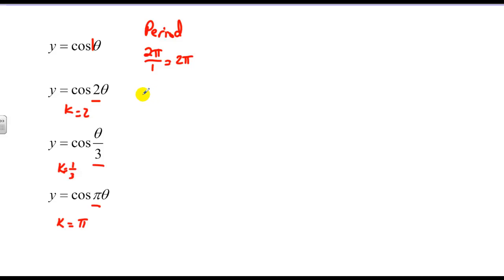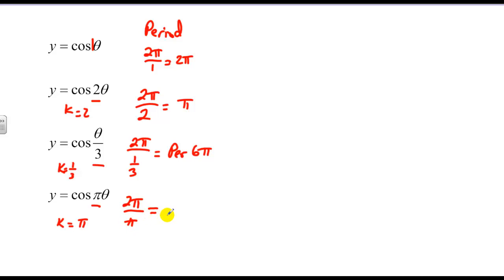In the second problem, I have 2 pi over k, which is 2 in this case, so my period is pi. In this case, I have 2 pi over 1/3, so the period is 6 pi. And in the last case, I have 2 pi over pi, or a period of 2.